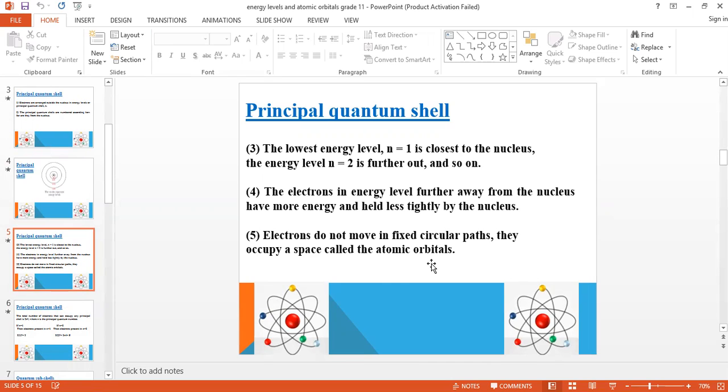Now, electrons in energy levels further away from the nucleus have more energy and are held less tightly by the nucleus. See the electron present here.